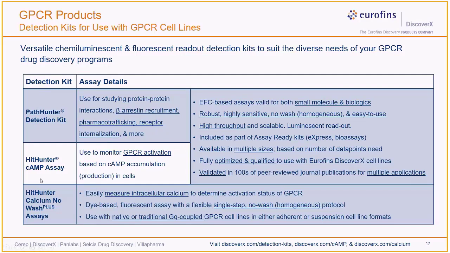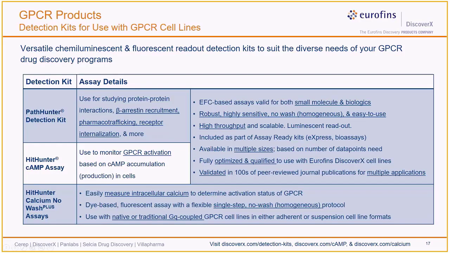And then we have two other assay types for the cyclic AMP and calcium readouts. These are hit hunter assays. These specific assays can be used with any cells that have the GPCR in them. So not just Eurofins DiscoverX, but your favorite GPCR cell lines.